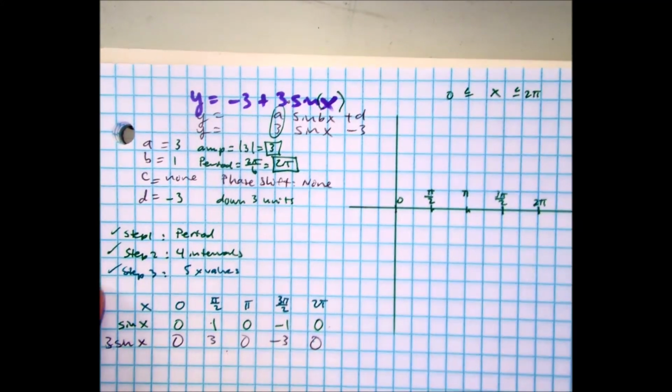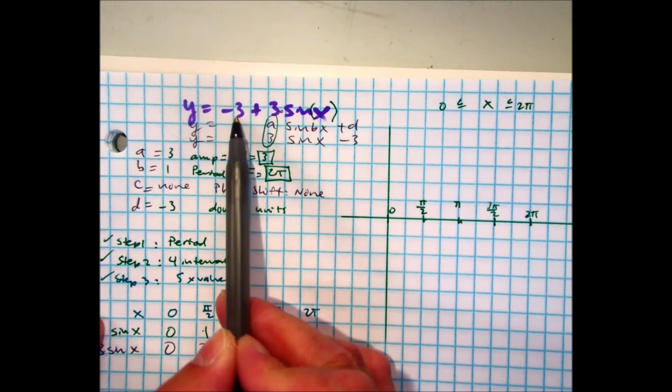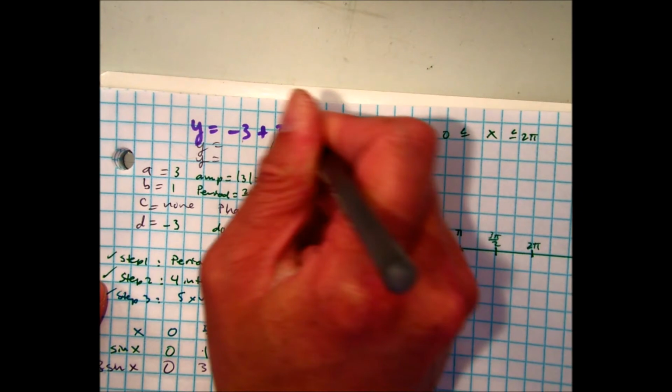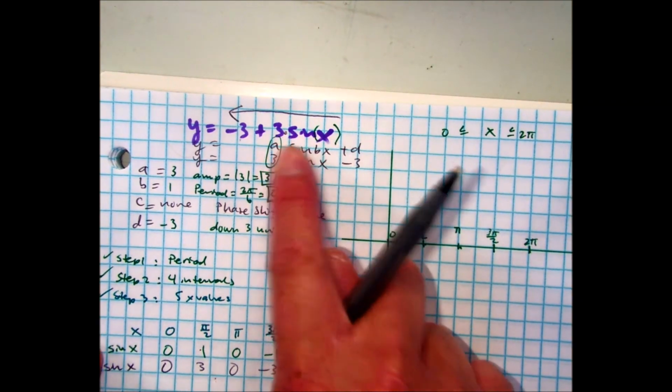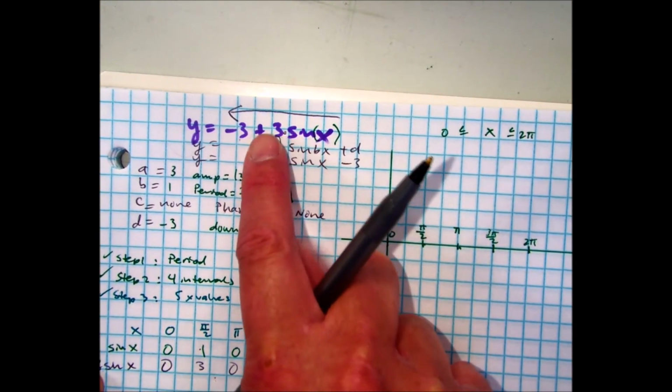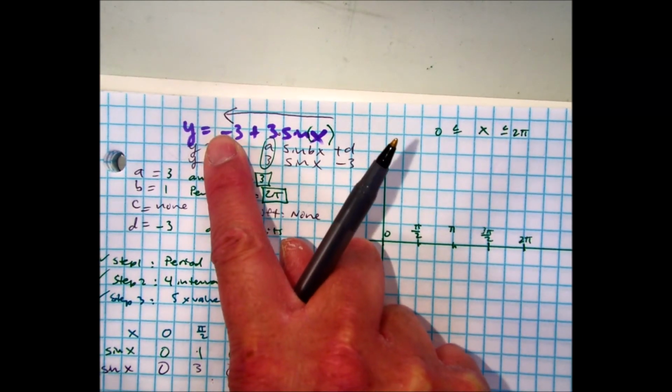Now if you think about why I wrote the D value first, it's because we're working in that direction. Do you see that? X, sine of x, multiply by 3, and now we're going to add -3. Let's add -3.